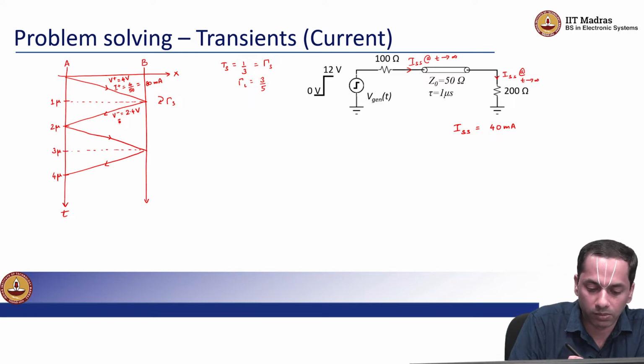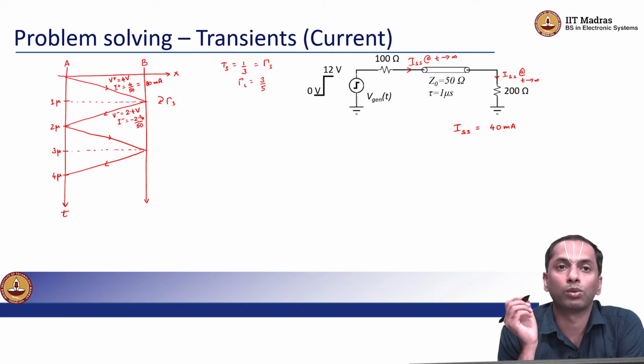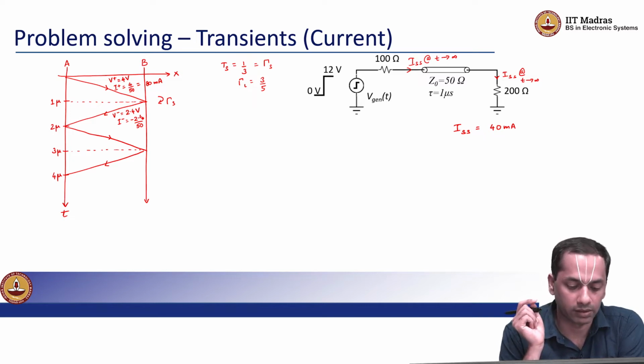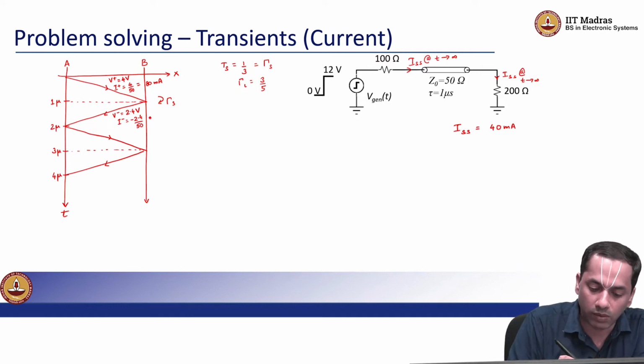This would correspond to an I minus, which is minus 2.4 by 50, right? Or you can just say that current is going in the backward direction. Current is a directional quantity. So minus 2.4 by 50 is about 48 milliamps.